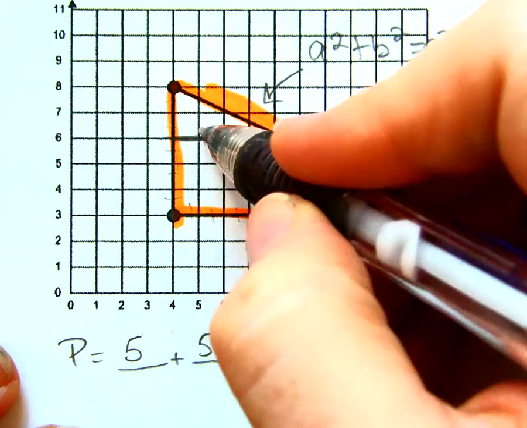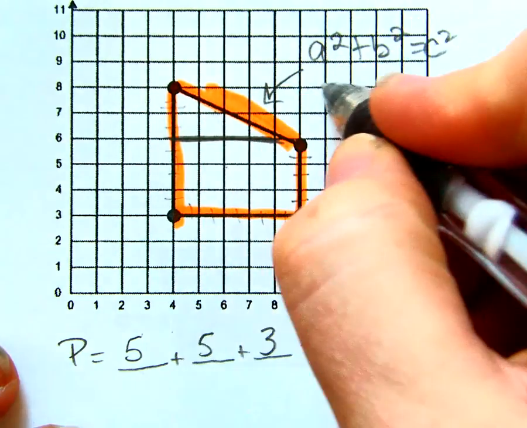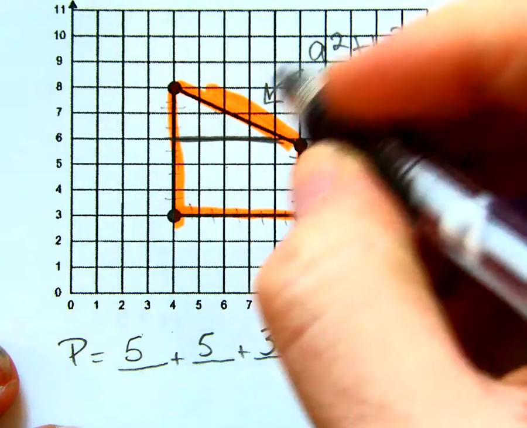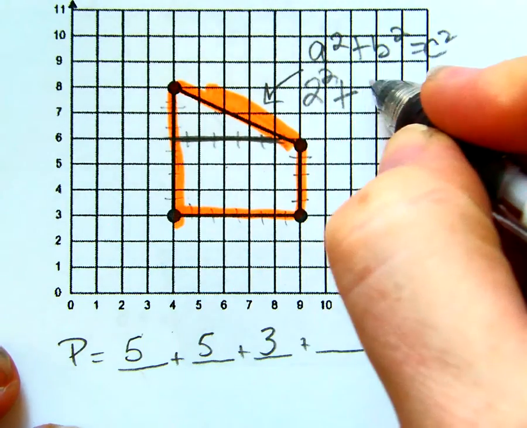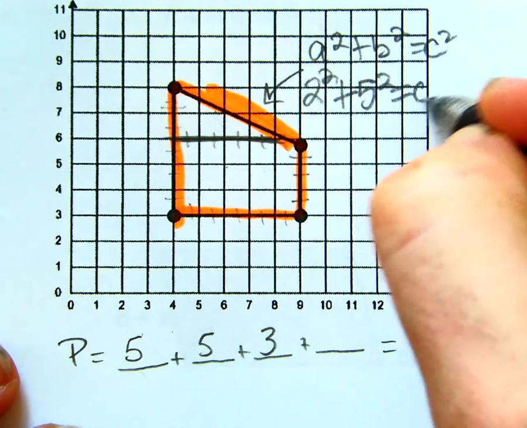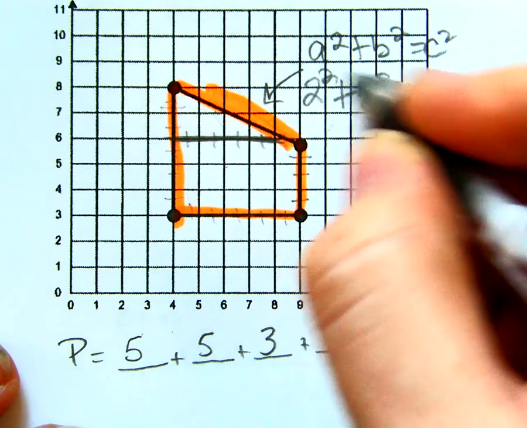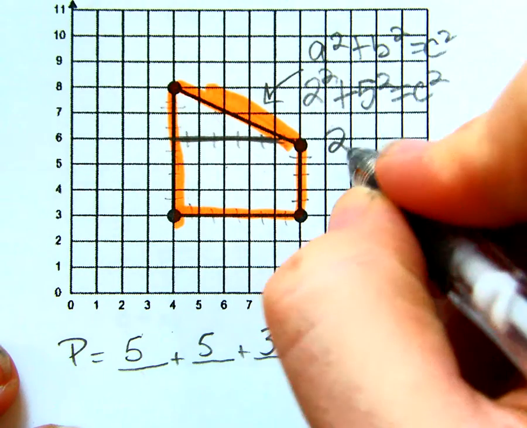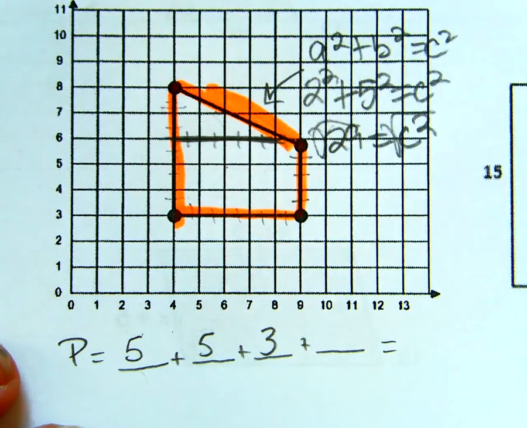So my a would be just 2, 1, 2. So 2 squared plus 1, 2, 3, 4, 5 squared equals c squared. So this is 4 plus 25, which is 29. And then take the square root of 29.